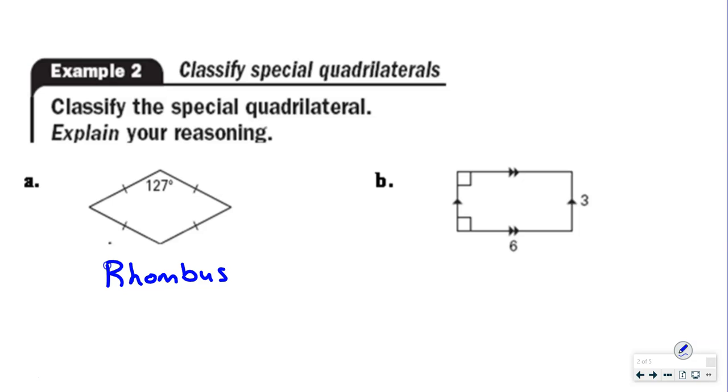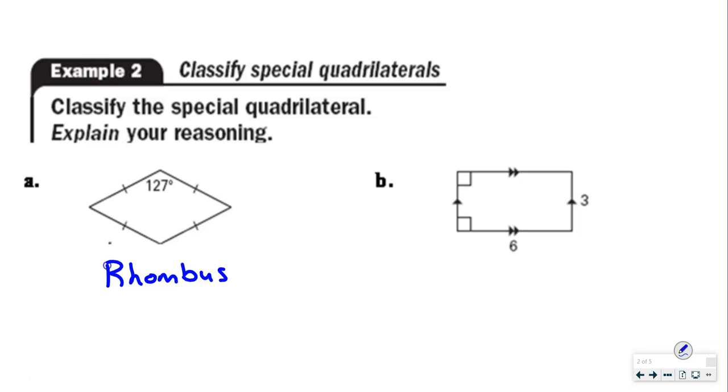See if you can figure out this next one on your own. We know it's a parallelogram. It's got 2 pairs of opposite sides that are parallel. We have 2 consecutive angles that are 90 degrees. And I know with it being a parallelogram, my consecutive angles are supplementary.